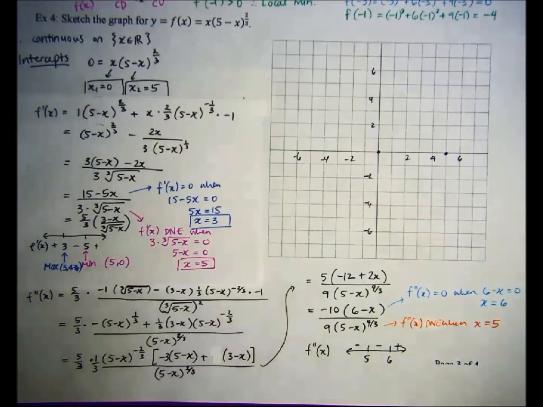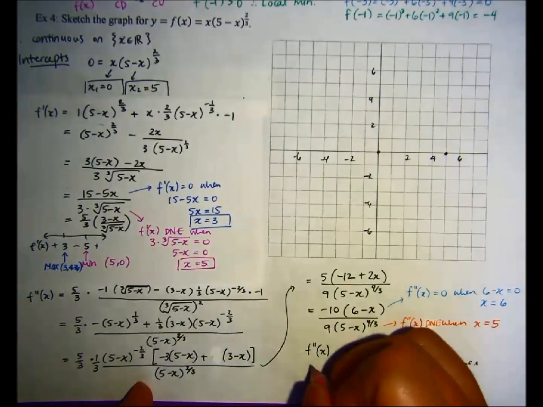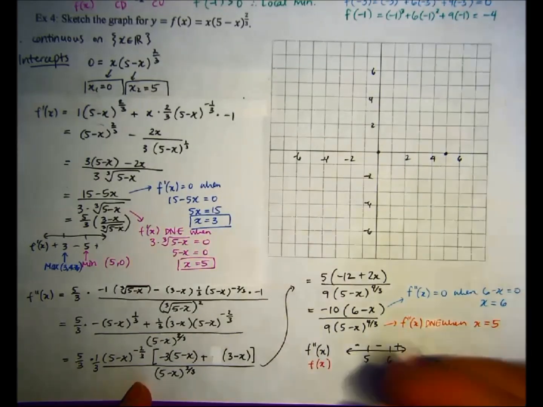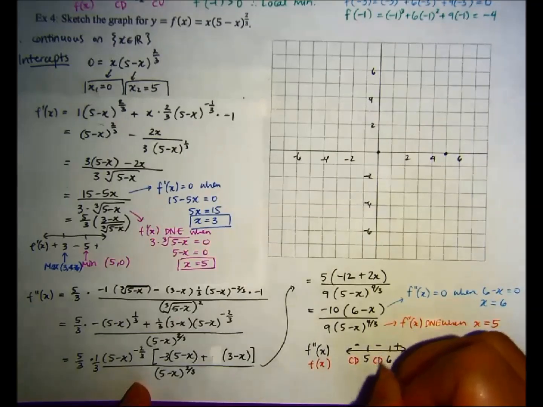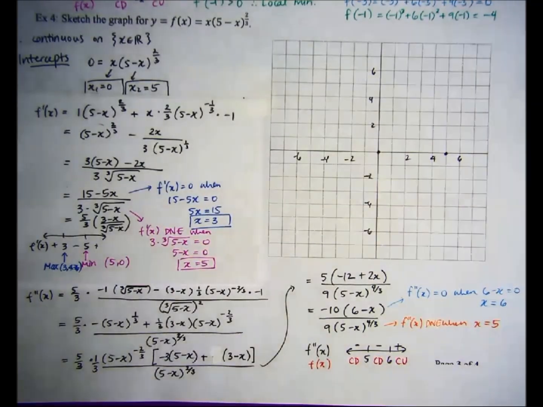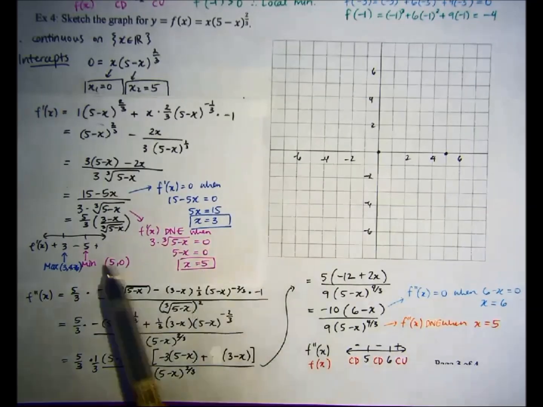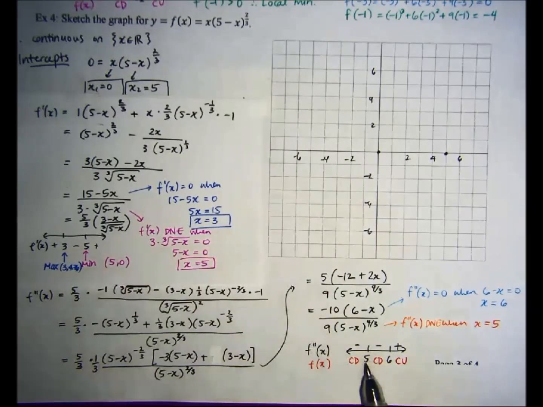So that means that the function will be concave down, and then concave up. So you can see that at x equals 5, we do not have a point of inflection. Okay, first of all, we figured out that it's actually a local minimum. And it can't be a point of inflection because the second derivative doesn't change signs.